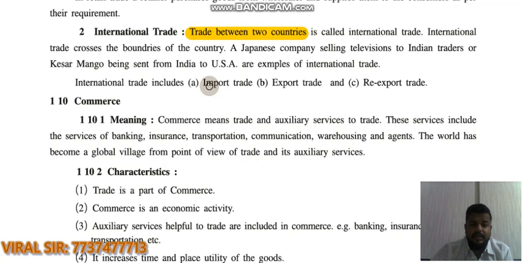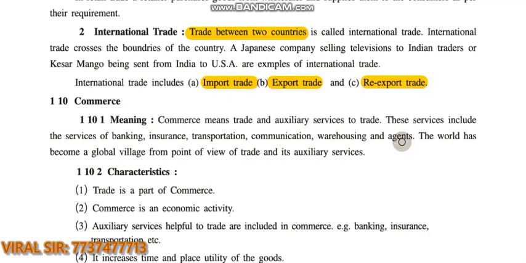International trade includes import trade, export trade, and re-export trade, which we will be studying in detail in chapters number 9 and 10, internal trade and international trade. So for now, these are the two types.